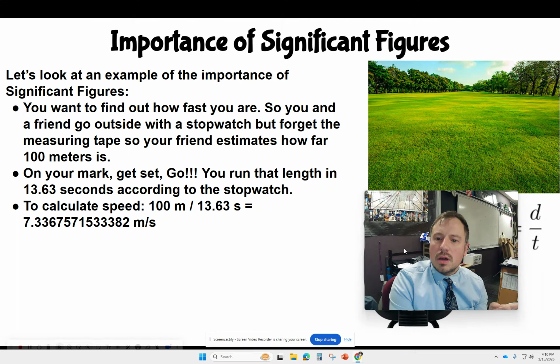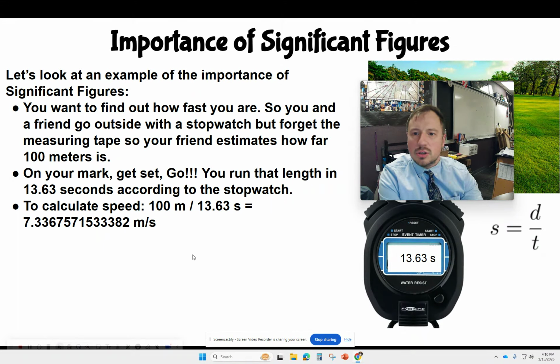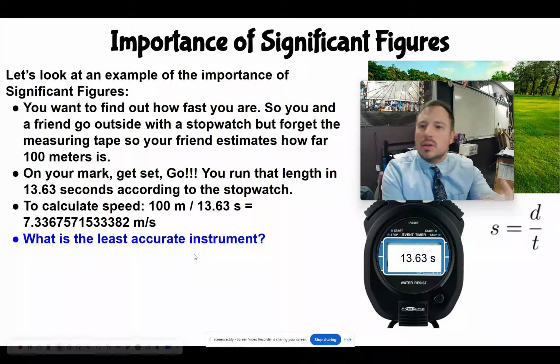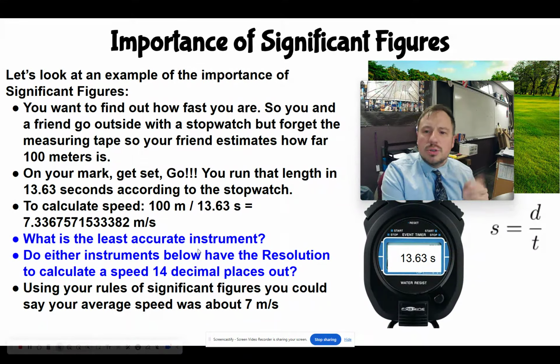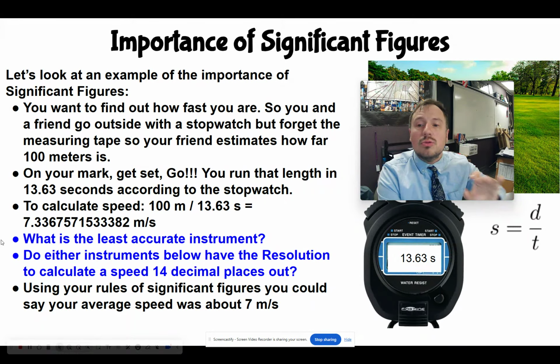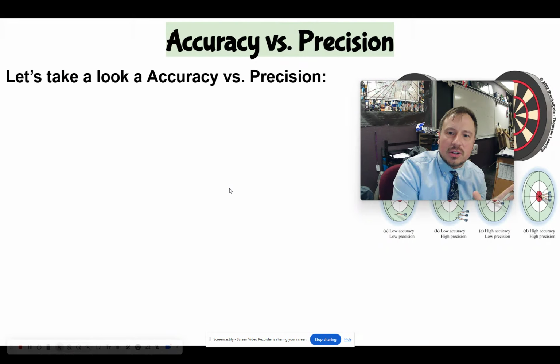Well, that stopwatch has 2 decimal places. That's the resolution of that. But your least accurate measurement is you just eyeball how far 100 meters is. So you might be able to say your speed is about 7 meters per second, but you couldn't say 7.33. You do not have the resolution. That's the importance of significant figures.